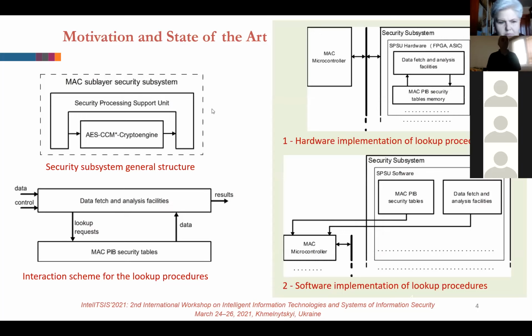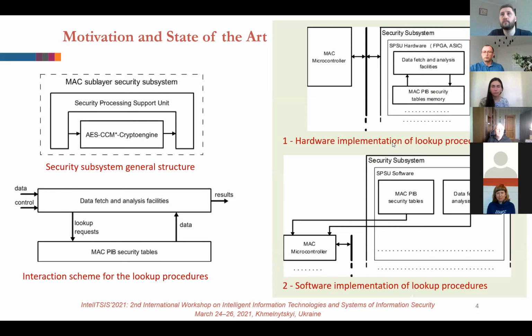It contains a security processing support unit, and this unit executes data fetch and analyzes these lookup procedures while the security data are retained in the MAC layer PIB, the PAN information base. Depending on the approach used, lookup procedures may be implemented in hardware, as we can see here, or in software. The first is, for example, in a specialized processor. The second one is in a programmable microprocessor or microcontroller.